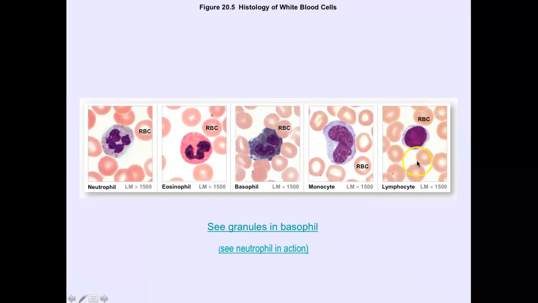The T cells and B cells are both considered lymphocytes. They only respond to one particular antigen type. So remember I talked about antigens at the beginning of this lecture. It is a molecule that is recognized by the immune system. And out of all the B and T cells that you have in the body, every single one of them can recognize a slightly different shaped antigen than each other.